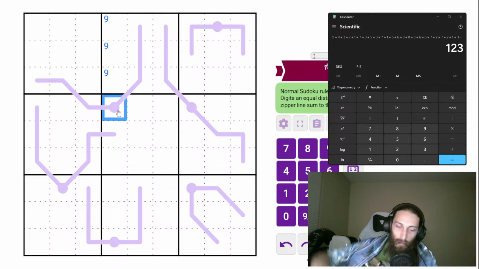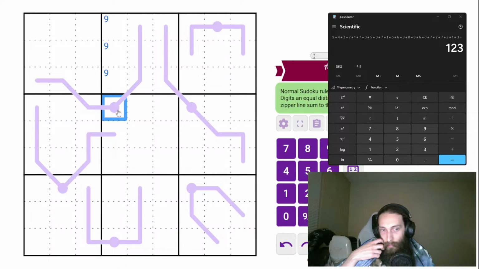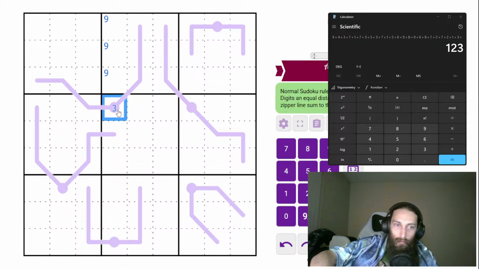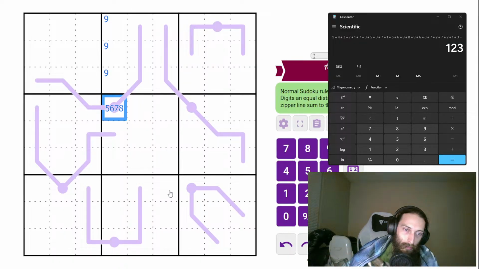Which means this has to be less than 9. Yeah. Well, and in box 8, since you can't put a 9 on the purple line, 9 is to the right. So box 5, 9 is in the center column.